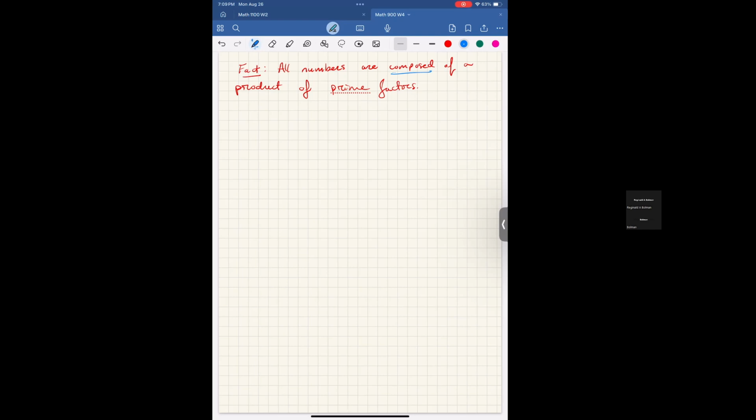We're multiplying a sequence of prime factors. So let's see how that's the case. Consider the number 6. I hope everybody agrees that 6 is the same thing as 3 times 2. Well, 3 is prime because the only numbers that divide 3 are 3 and 1, and 2 is also prime.